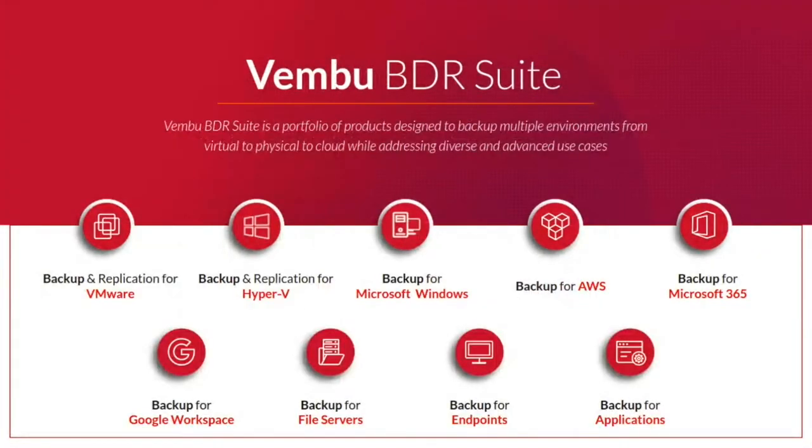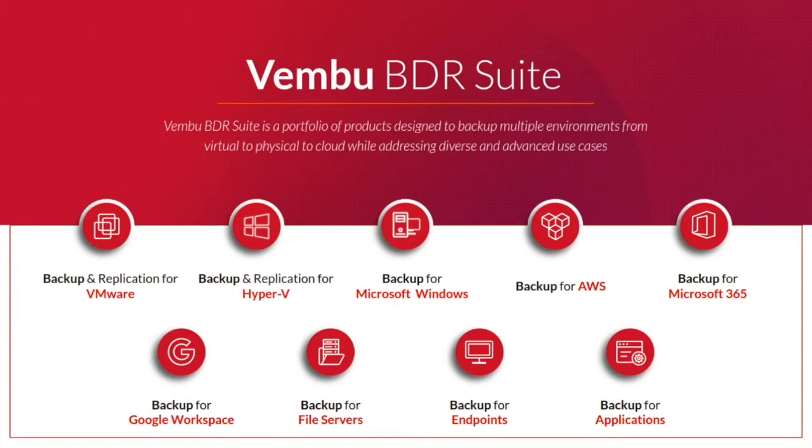Again, the next one is the Vembu backup for Microsoft Windows. This is an agent-based solution. You need to install an agent inside the servers or workstation, and you can take an image level backup of it. That's a bare metal backup. You can back up everything, including the operating system, the files and folders, the applications.